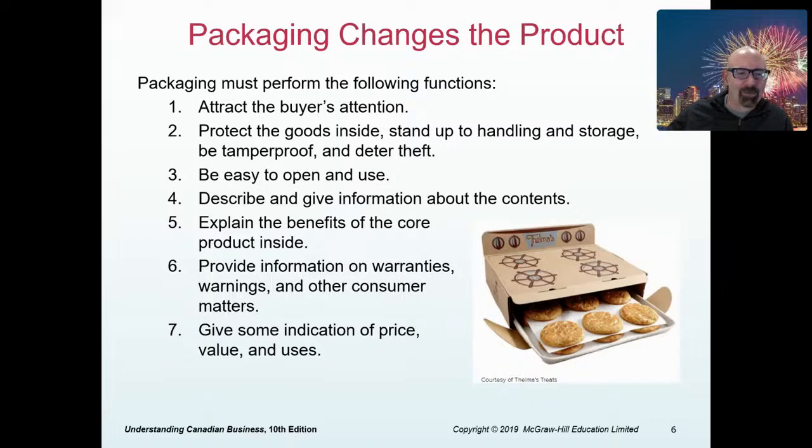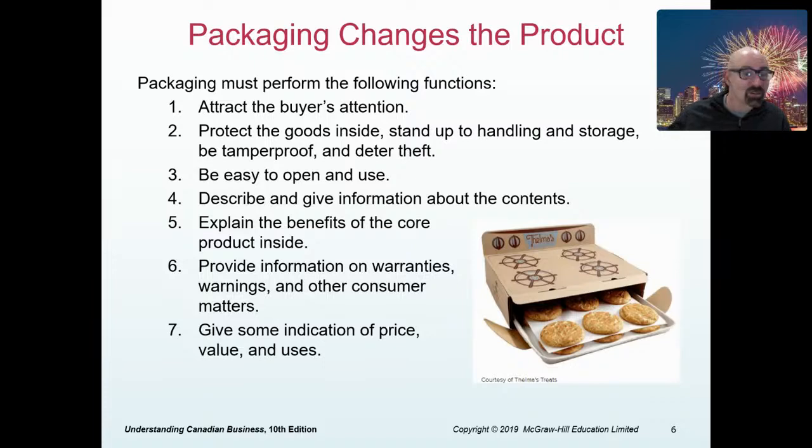What else? It needs to give us information about the product. Some of it's legal information. For instance, if you're buying a food product, the food product is required to have a list of ingredients on it and certain other information. But it can also give us benefits of the product. It can tell us what the product does, or might have the instructions.